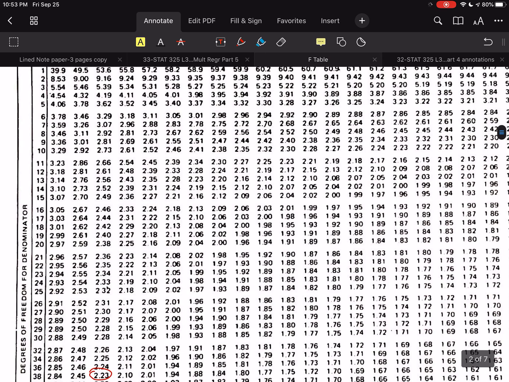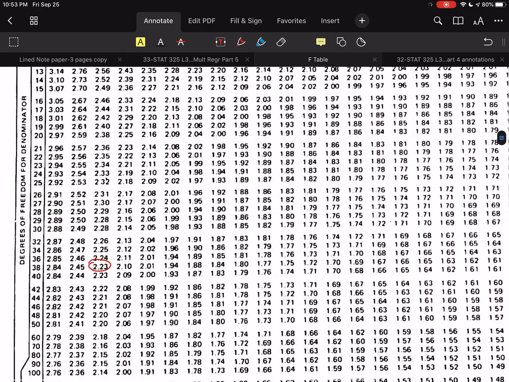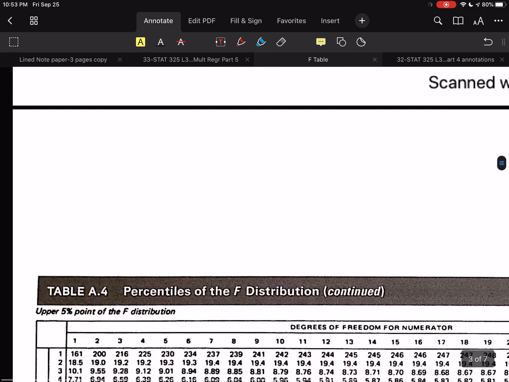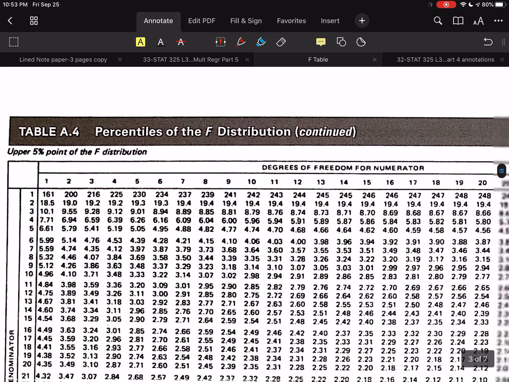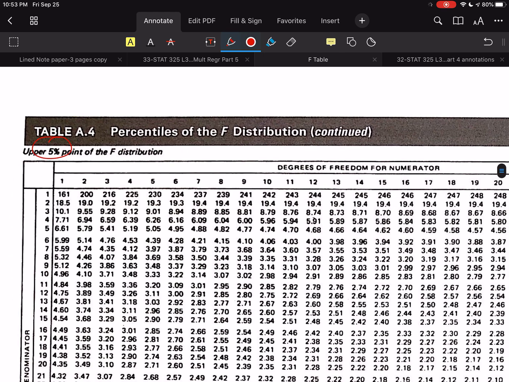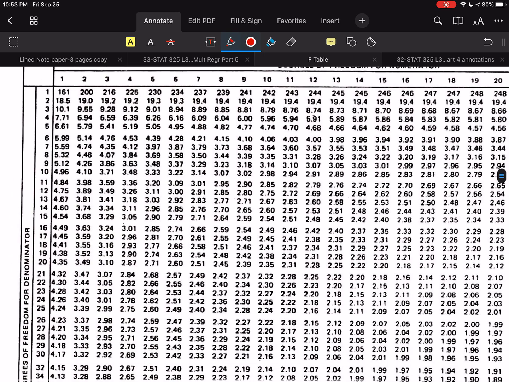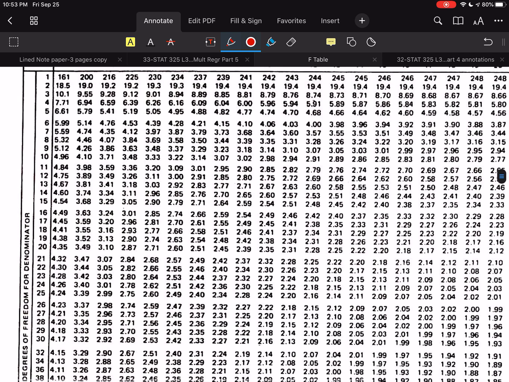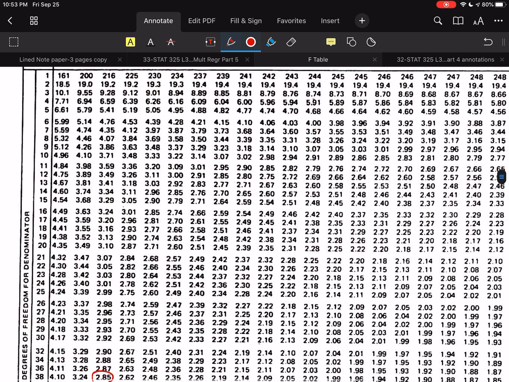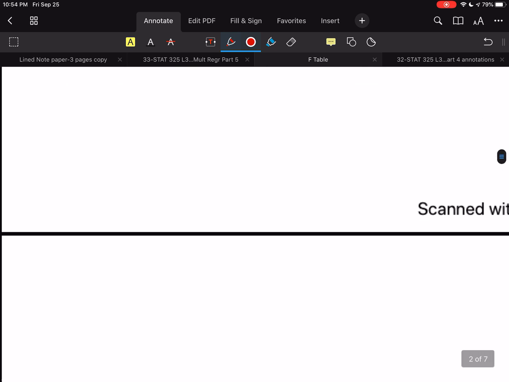So we're larger than this. Now let's look at 0.05, and again 3 and 38, and this value is 2.85, so it's smaller.